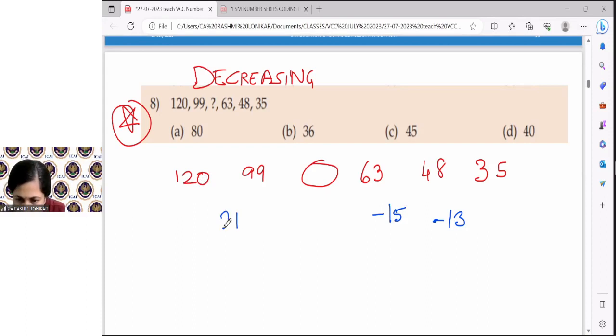This is minus 21. Okay. So as you can see, minus 21, minus 15, minus 13. So here you can see a difference of 2. So minus 19 can be the answer. Minus 21 plus 2 is minus 19. Minus 19 plus 2 is minus 17.